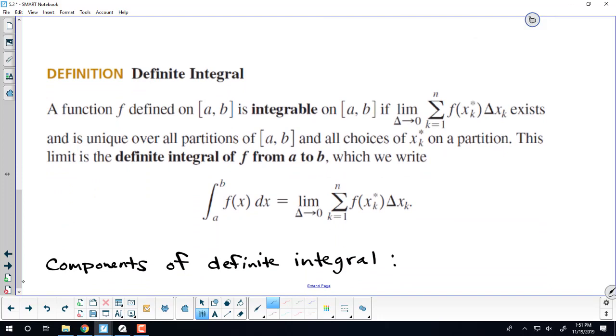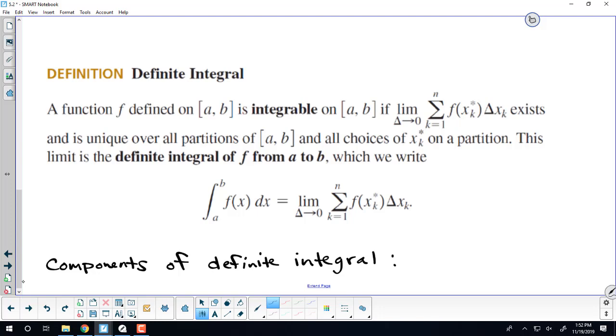So then we have the definition for a definite integral. What is a definite integral? The definition is that a function defined on a closed interval [a, b] is integrable, and that's comparable to the word differentiable. When I say a function's differentiable on this interval, that means the derivative is defined for all x values on that interval. Integrable means that the integral here is defined for all x values in that interval.